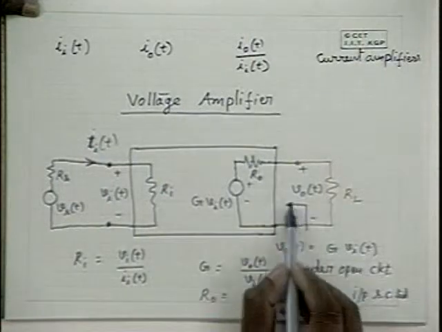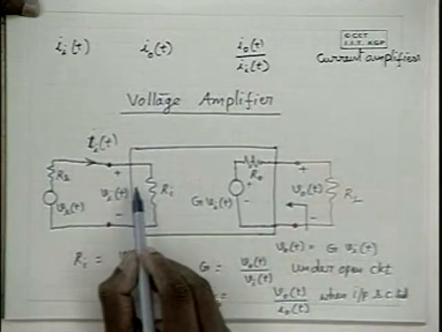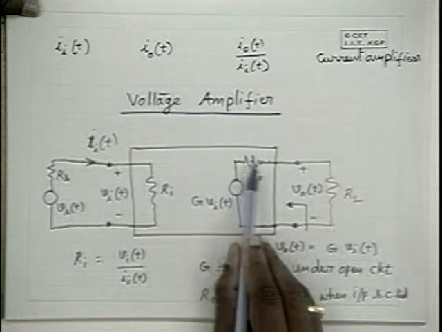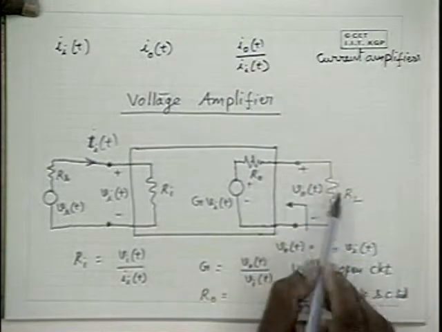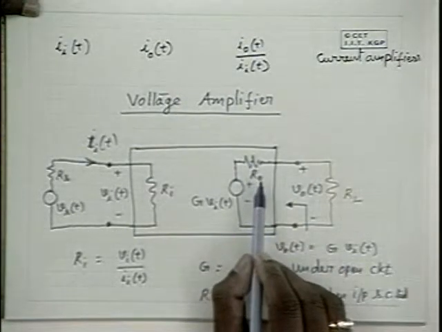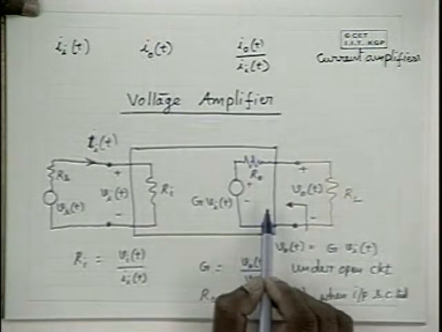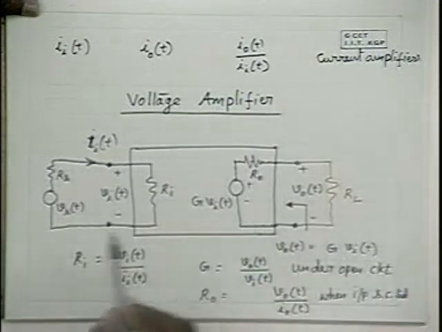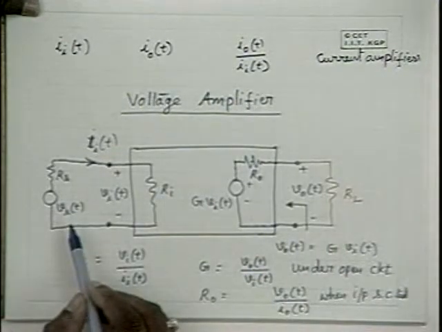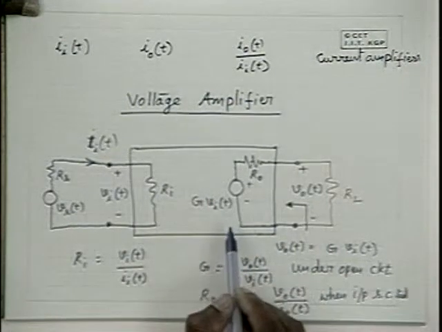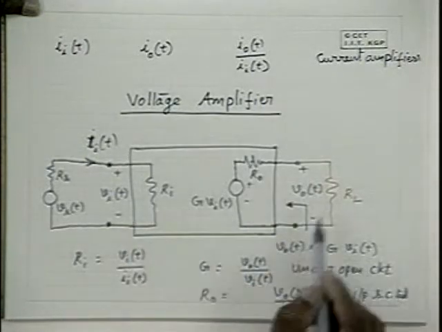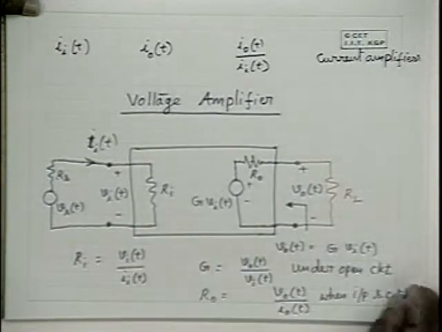And the output voltage is not G VIT. Output voltage again gets divided between RL and R0, so it is a fraction of G VIT. Hence, the output voltage V0 to VST ratio is going to be less than G. So let us mathematically analyze this problem.